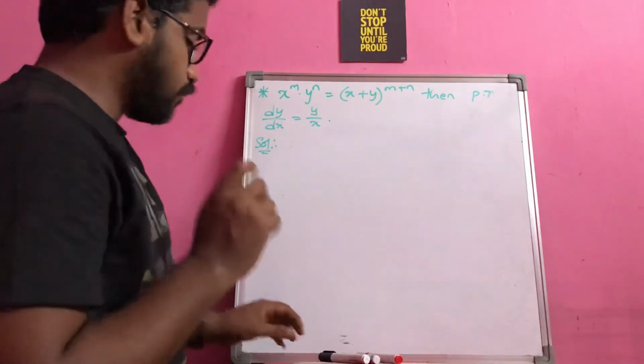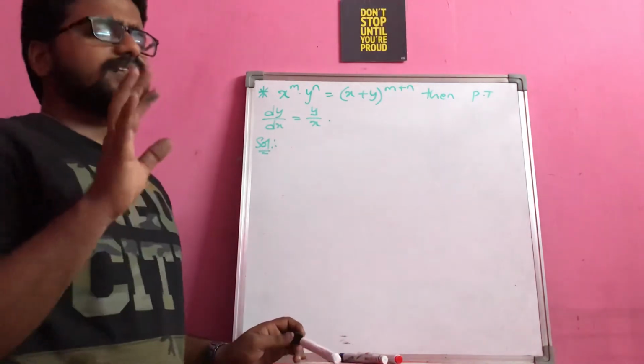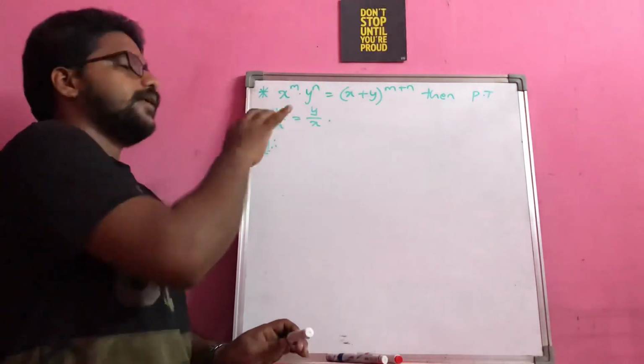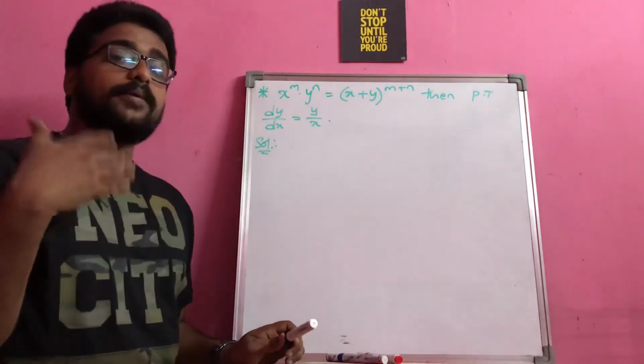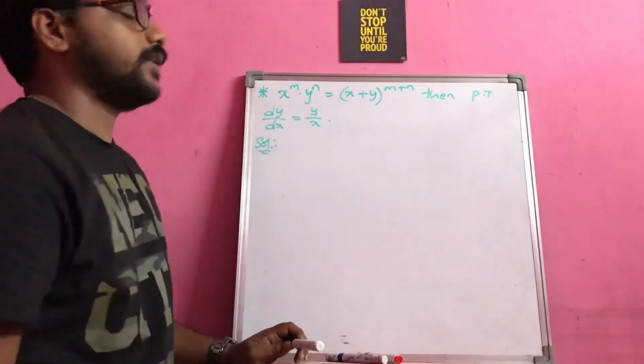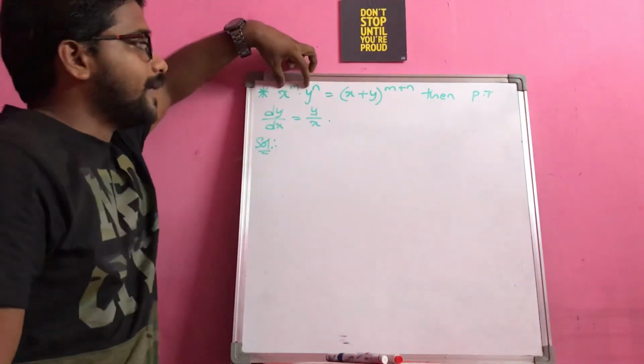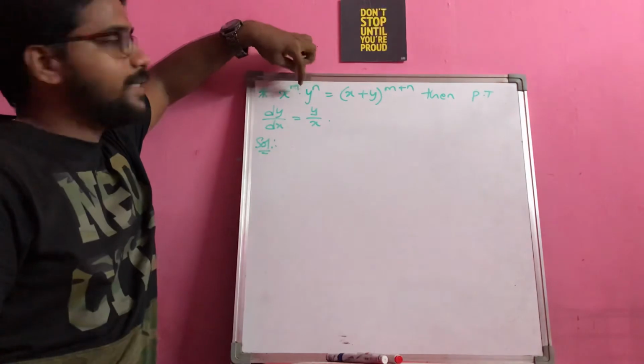Now see how we have to do this question. Before going into the actual procedure, let us just imagine if we apply the differentiation, whether it will become a lengthy or a simple question. Let us think of that first. Later we will come to a decision on how to proceed. See, this is x power m into y power n. It's a product.